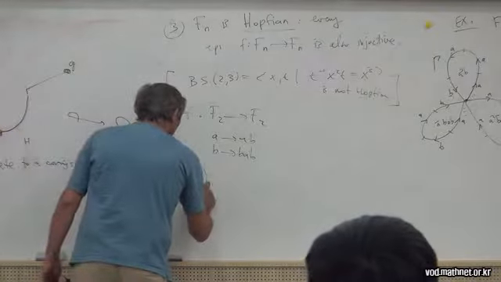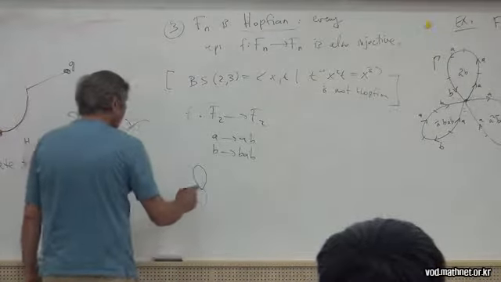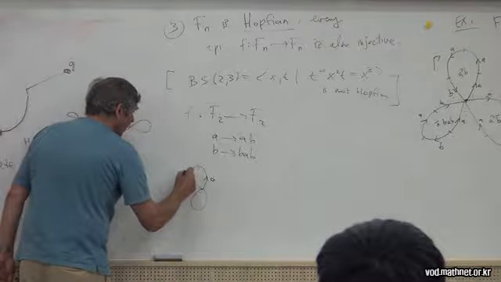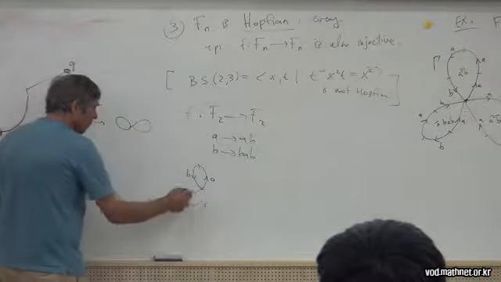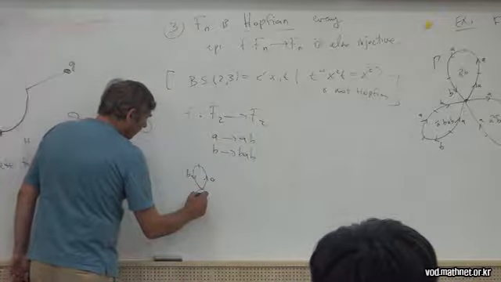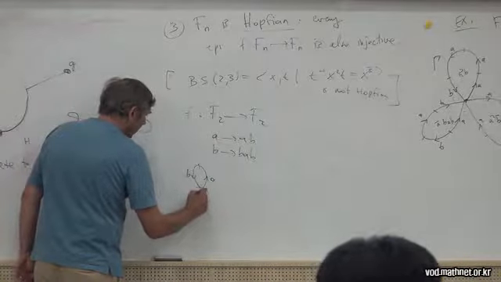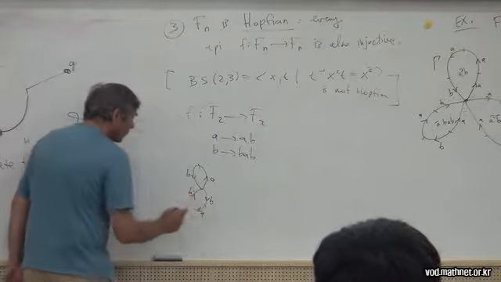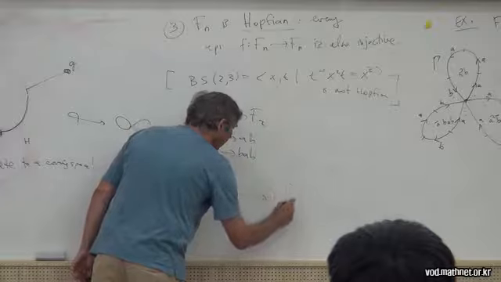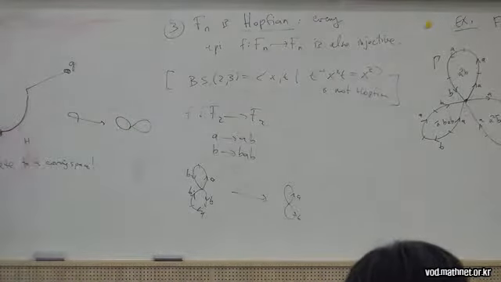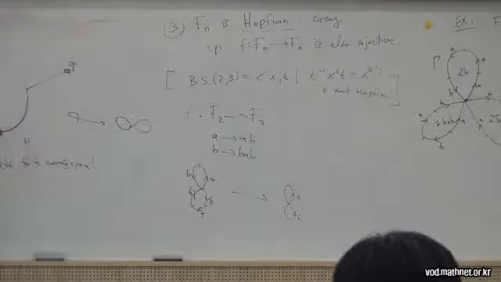I would take this picture, and I would subdivide this edge into A and B like this, and then this one gets subdivided into 3 pieces, B, A, B, like this. So this gives me a morphism to the rose.